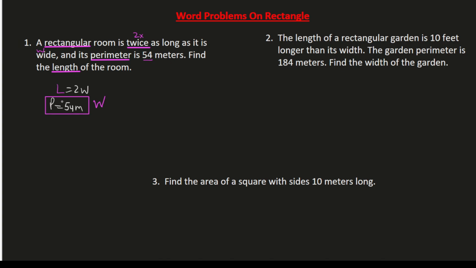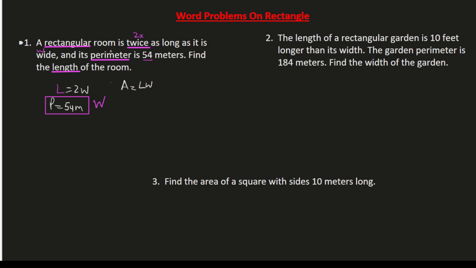When it comes to the rectangle, we get two formulas that would help us find the length or the width of the room. The first one, you may have known it: A is equal to LW, the length times the width.